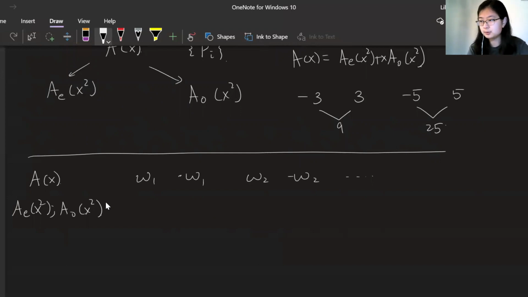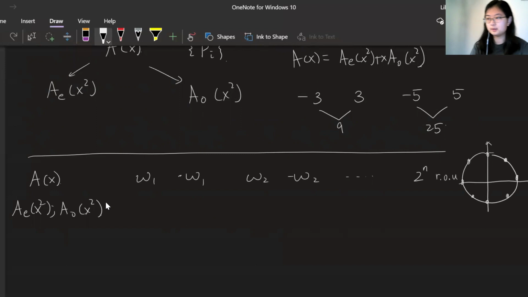And all of these numbers are 2 to the nth roots of unity. So these are some points spread evenly on the unit circle, and if you take them to the 2 to the nth power, they become 1. All right, and they're plus minus paired, as we said before. Each number has its pair.